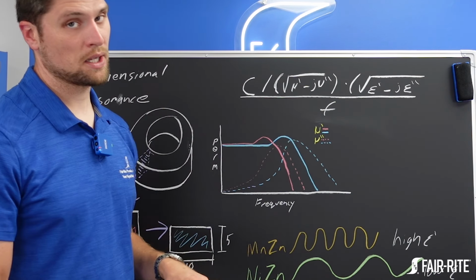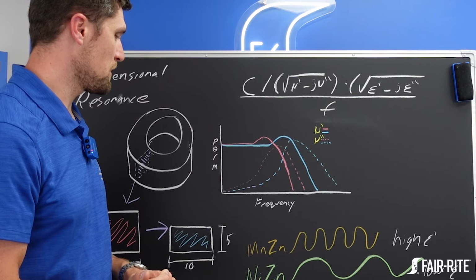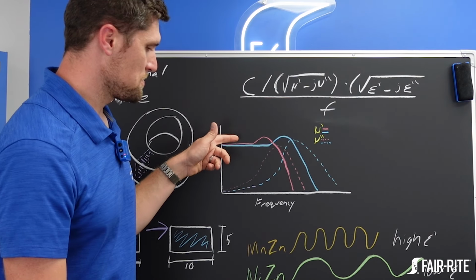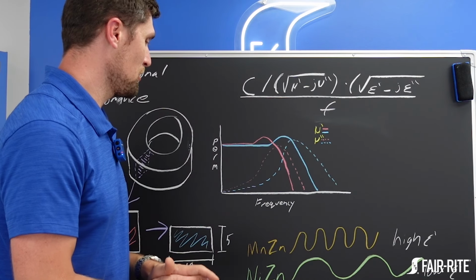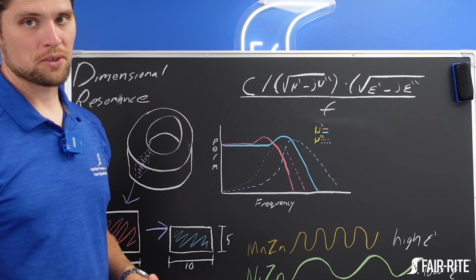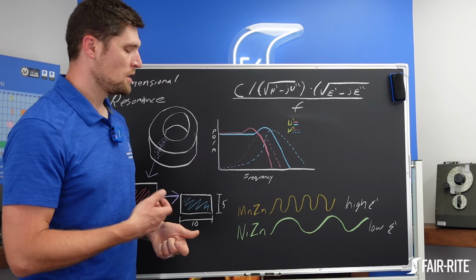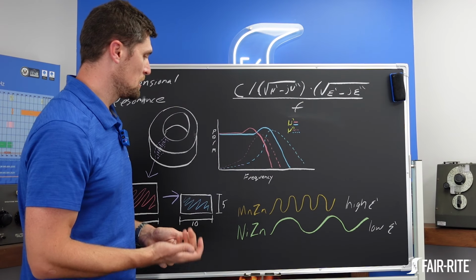The dotted red line is representative of the lossy portion of that red core. As it happens with almost every ferrite material that I'm aware of, they at some point will drop off. You're going to lose the reactive portion of that permeability. The lossy portion will get high to a point and then also drop off.